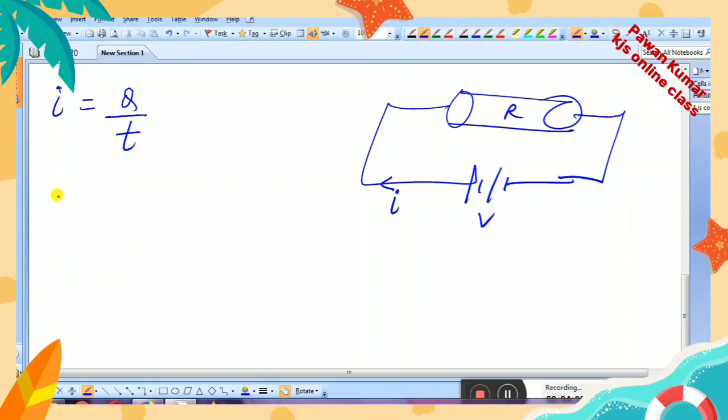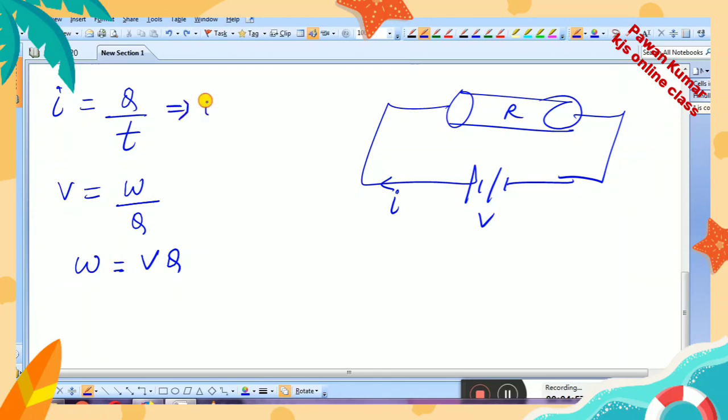The formula of potential difference is work done upon charge, so work done is equal to VQ.